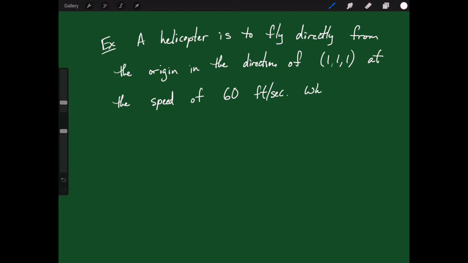So where is the helicopter at time t equal to 10 seconds?